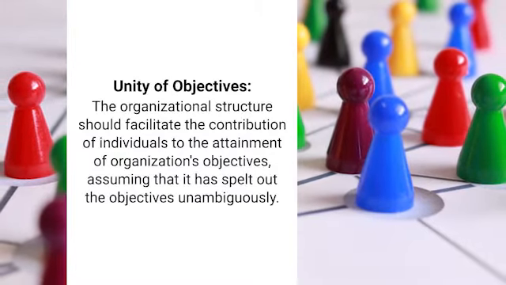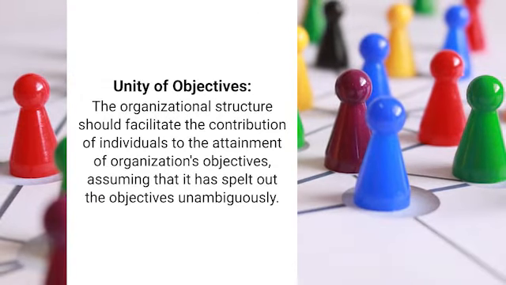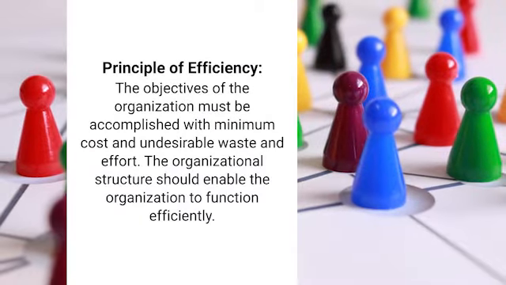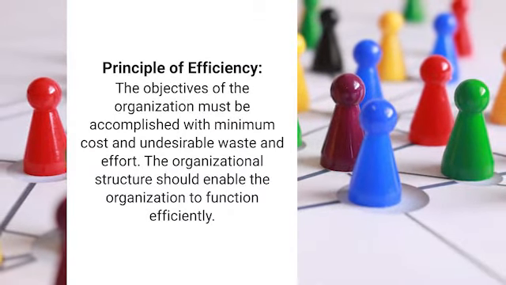The unity of objectives. The organizational structure should facilitate the contribution of individuals to the attainment of the organization's objective, assuming that it has spelled out the objective unambiguously. Principle of efficiency. The objectives of the organization must be accomplished with minimum cost and undesirable waste and effort.